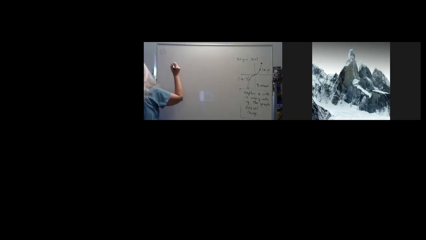It's going to ask us to list the intercepts and test for symmetry. Okay, so the first one we're going to start off with is y squared equals x plus 9. So y squared equals x plus 9.